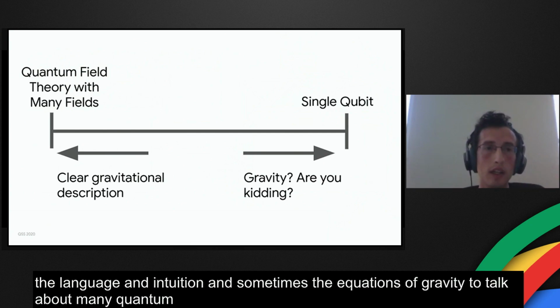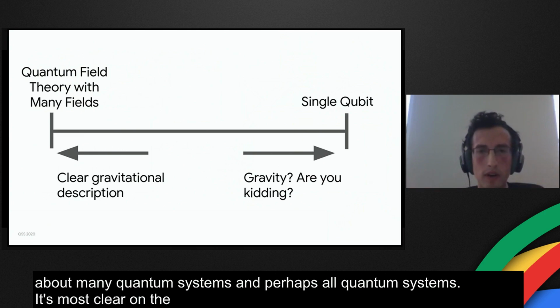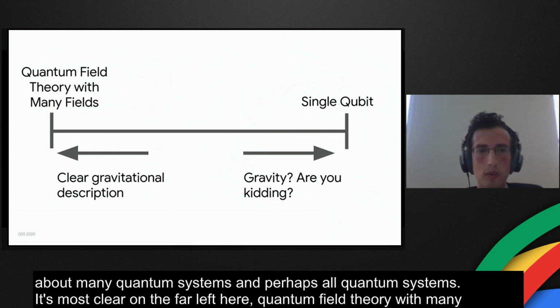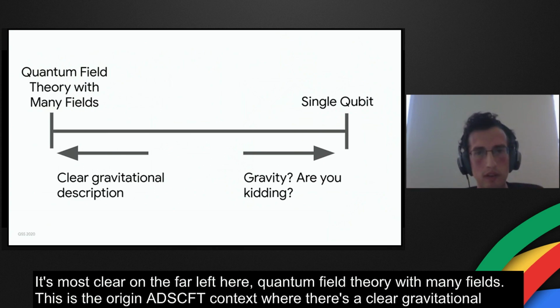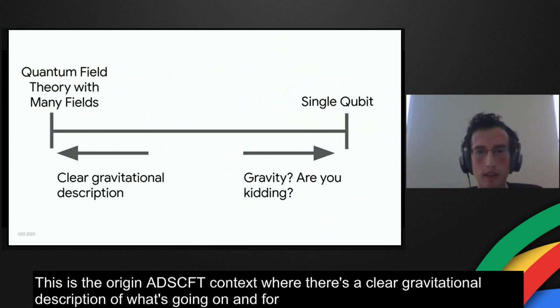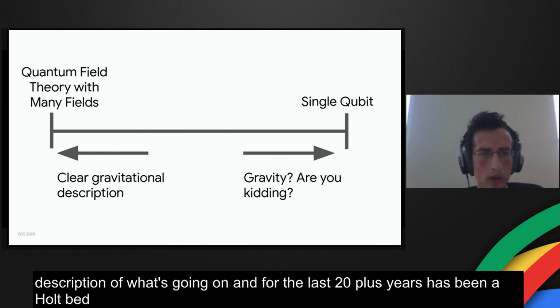It's most clear on the far left, quantum field theory with many fields, the original AdS/CFT context, where there's a very clear gravitational description of what's going on. And for the last 20-plus years, it's been a hotbed of activity, at least in theoretical physics. On the right, with a single qubit, you would probably say, are you kidding?